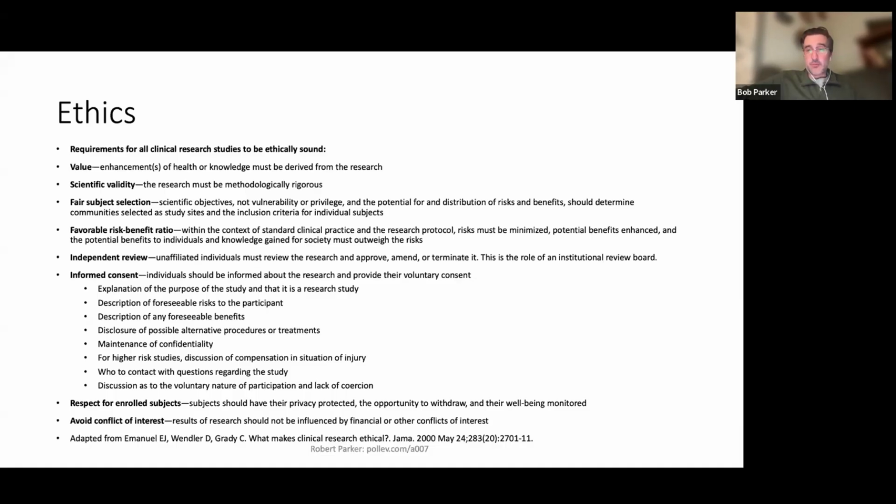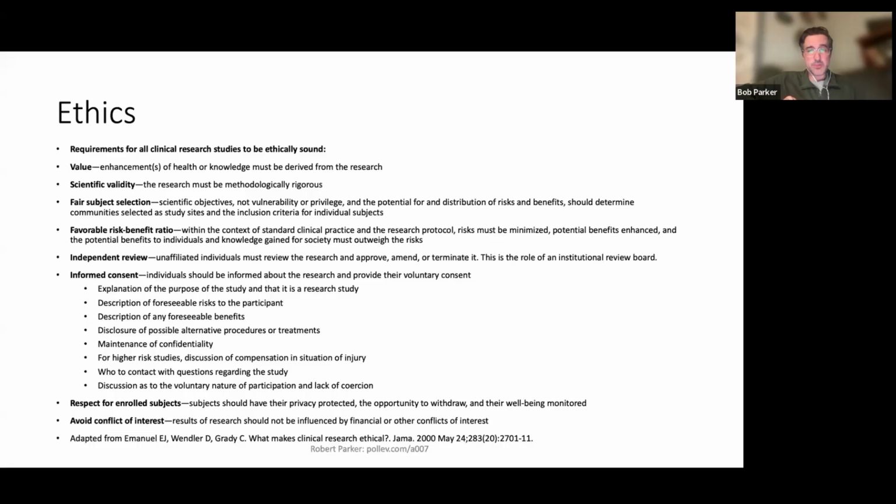It needs to be independently reviewed by people who are not at all involved in this study. It definitely needs informed consent, where individuals provide their voluntary consent, where the study has been explained to them, all those risks have been discussed, any potential benefits, any disclosures, ensuring confidentiality, discussion of compensation, who to contact, and that they can withdraw from the study. We need to have respect for our subjects.